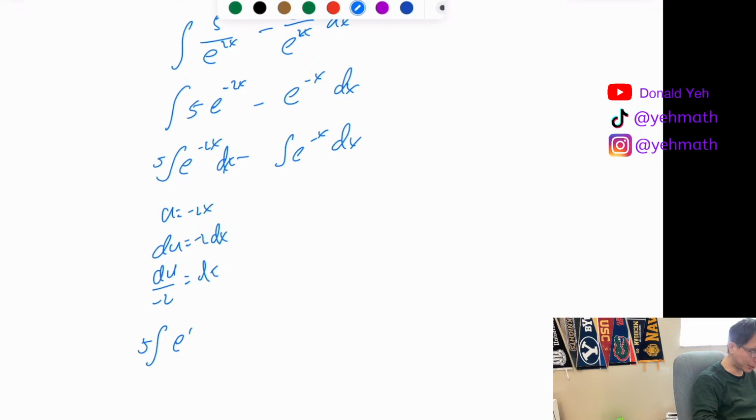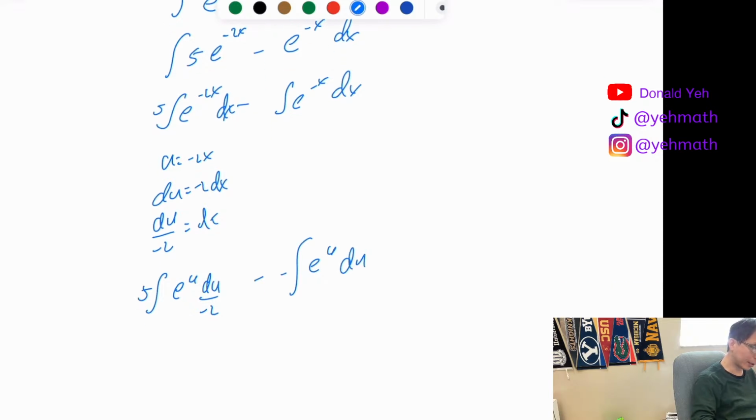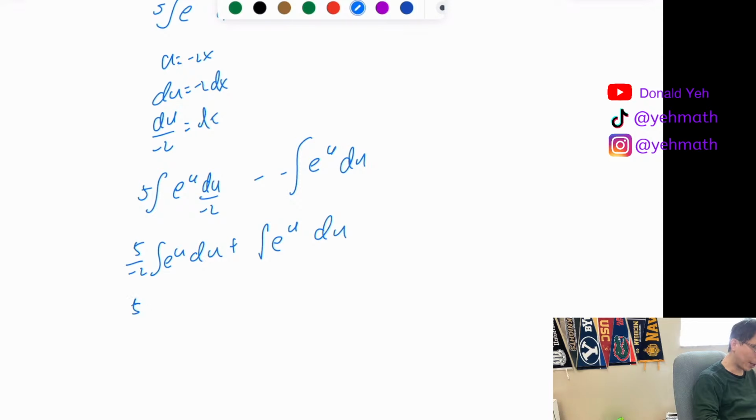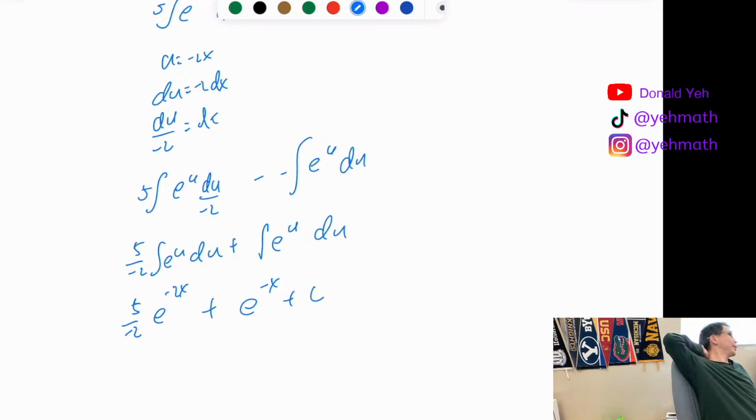That's going to be 5 e to the u du over negative 2 minus e to the u, and that's going to be negative as well, because that gives you a negative 1. So that is 5 over negative 2 times the integral of e to the u du plus the integral of e to the u du. So it'll be 5 over negative 2 e to the negative 2x plus c, and then plus e to the negative x plus c. Super easy.